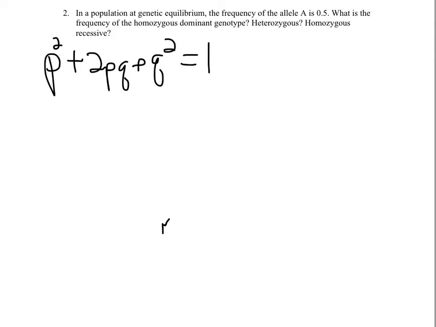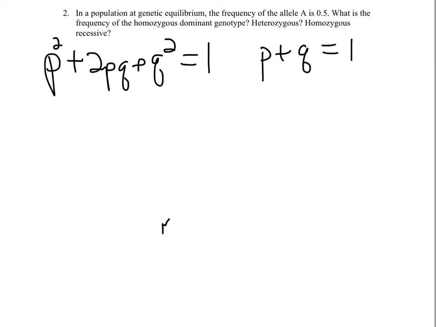All right, so let's look at what they're asking us for. Remember our P squared plus 2PQ plus Q squared equals 1. That's the genotype frequencies. And P plus Q equals 1. That's the allele frequencies.